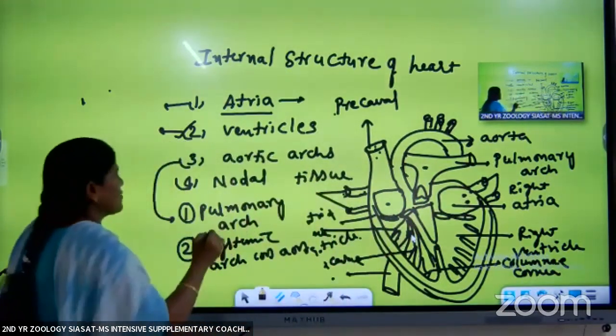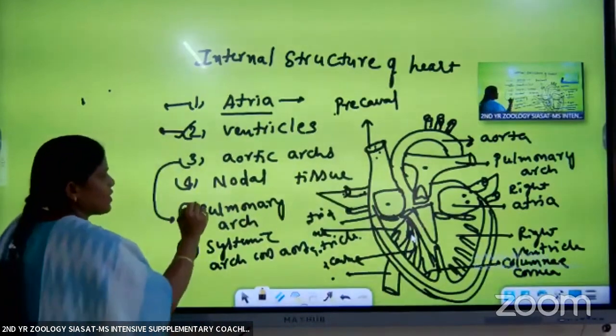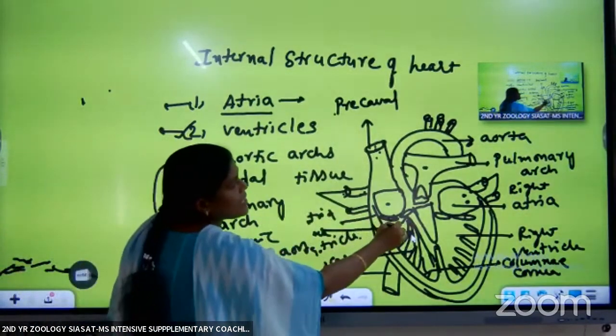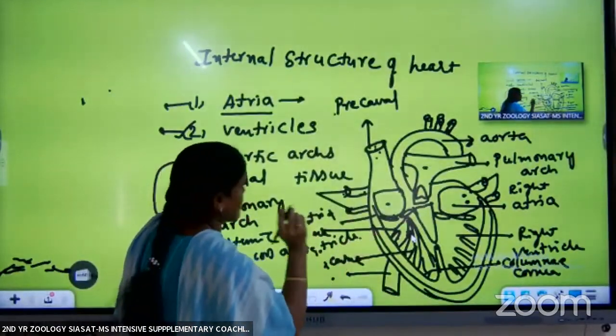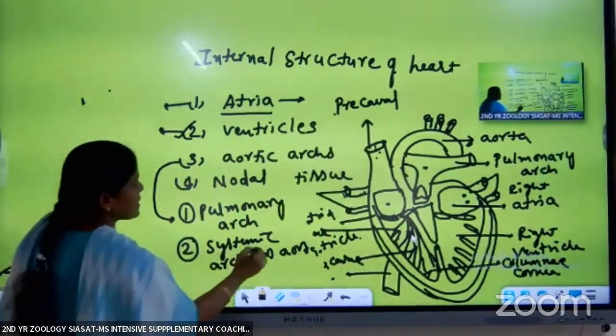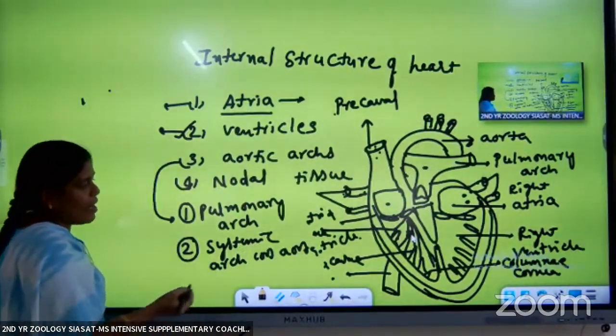Clear? Next, what is the function of the pulmonary arch? It pumps the deoxygenated blood for oxygenation of the blood. Next one is the systemic arch, or aorta.